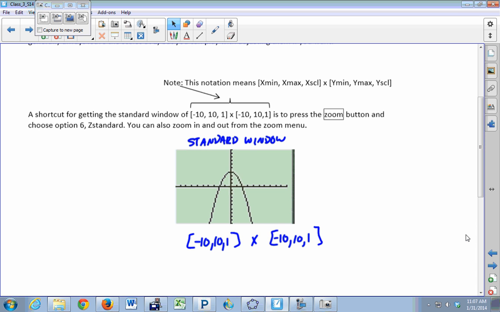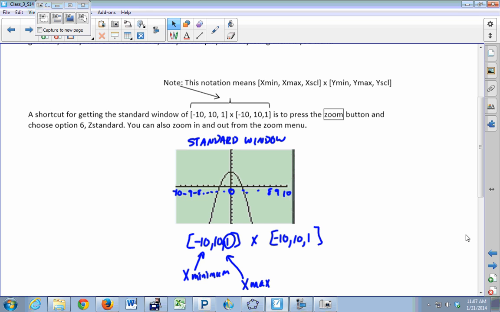So this represents my x minimum value. So when you're looking at this graph, you know you're at -10 out there. This represents my x maximum value. So that means you've got 10 out there. And this tells you you're incrementing by 1. So you're looking at consecutive integers, -9, -8, and so on, 8, 9, 10, 0.